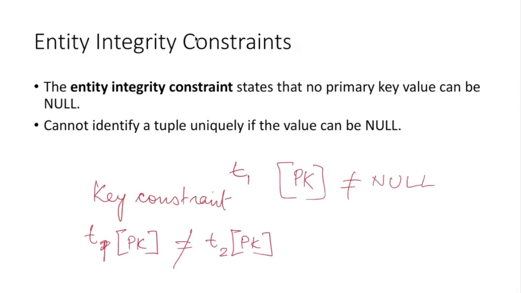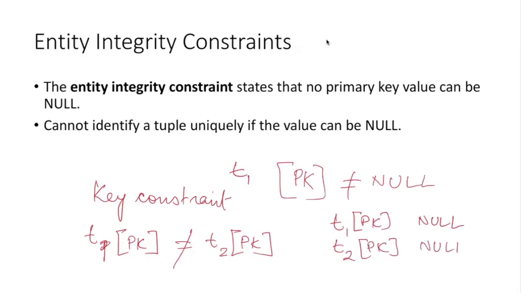If you come to think of it, if I allow null values for the primary key, then it means that more than one tuple can have null. So I may have two tuples which have a null value for the primary key. In such a situation, my key constraint will be violated. Suppose for tuple T1 the primary key is null, and for tuple T2 also the primary key is null.